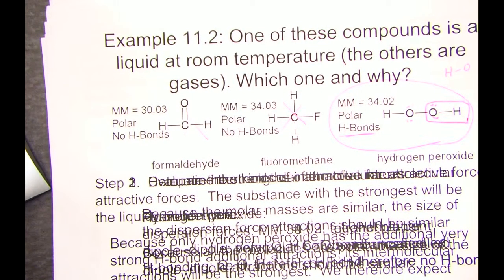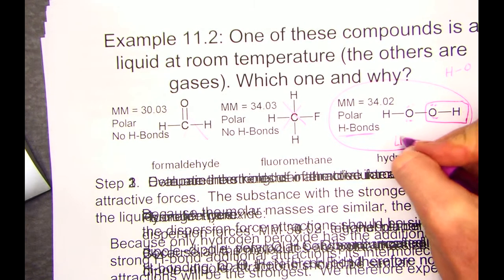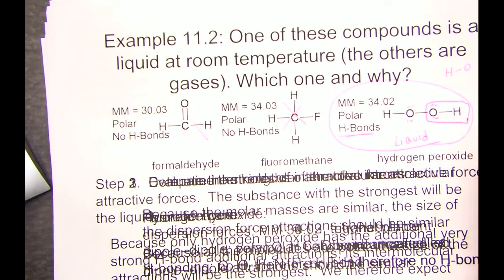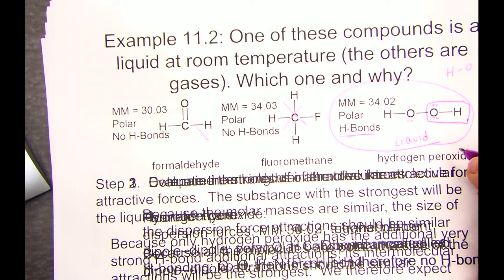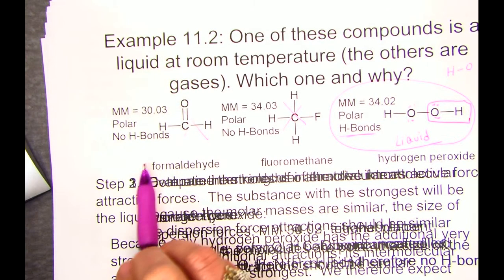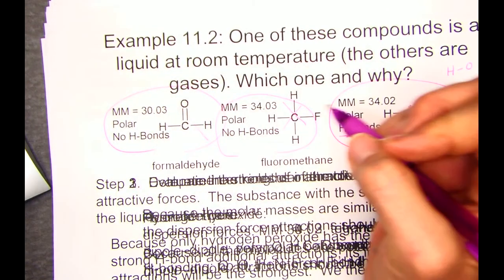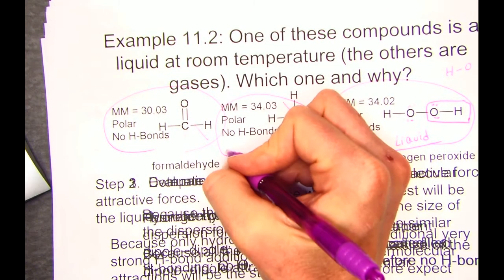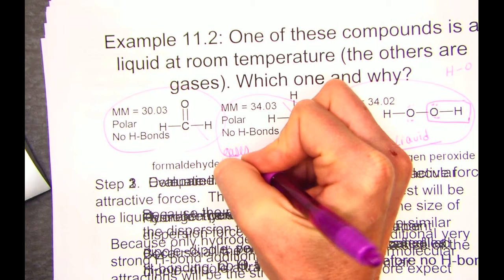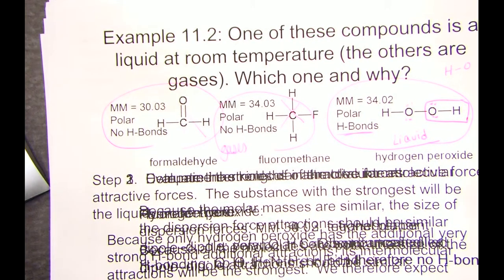When I see that hydrogen bonds can form, they have very strong intermolecular attractions and therefore will be a liquid. The two compounds that do not have hydrogen bonding do not have strong intermolecular attractions and therefore would be labeled as gases at room temperature.